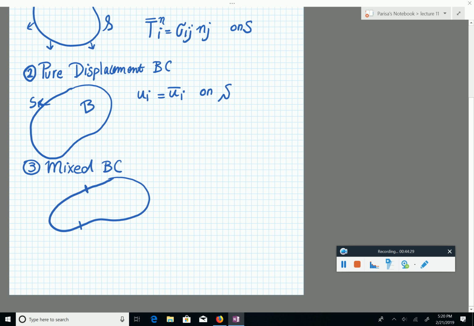So this is one part of the boundary, ST, and this is SU, and consider that SU, the union of SU and ST, is S. That means that together they make up the entire boundary.